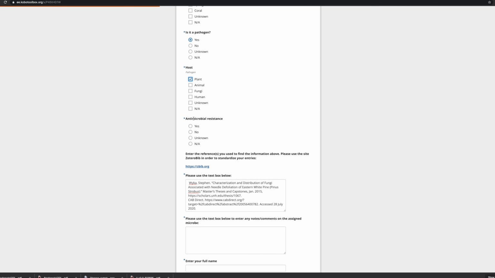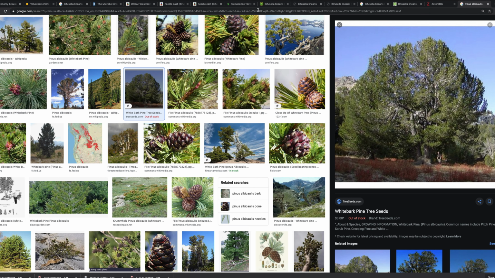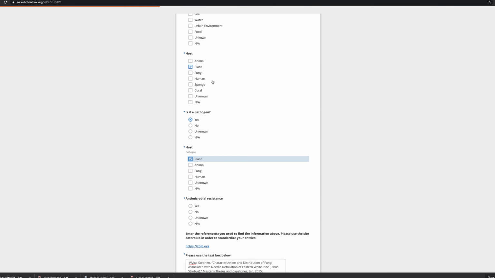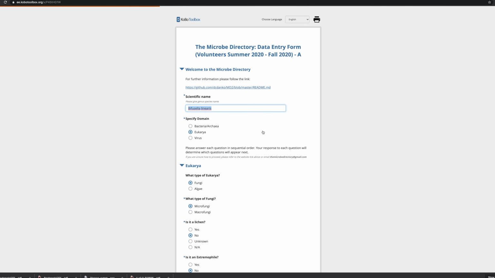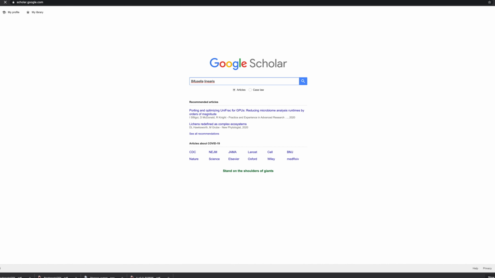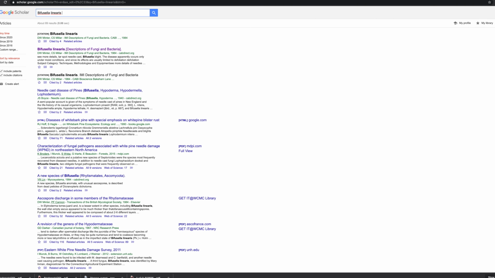and we don't know if it has antimicrobial resistance, and we can actually make a quick search in Google Scholar. We are gonna copy again our species just to make sure we don't make any errors in typing, and we're gonna paste, and we're gonna write antifungal resistance.